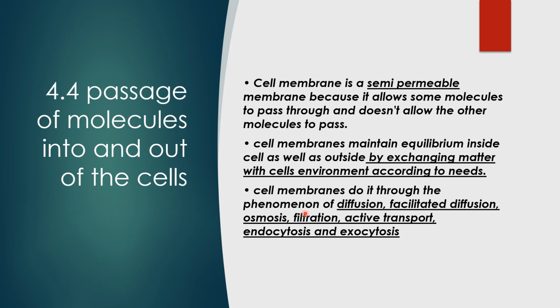Cell membranes do it through the phenomenon of diffusion, facilitated diffusion, osmosis, filtration, active transport, endocytosis, and exocytosis. Actually, these are the processes by which materials can move in and out of the cells.